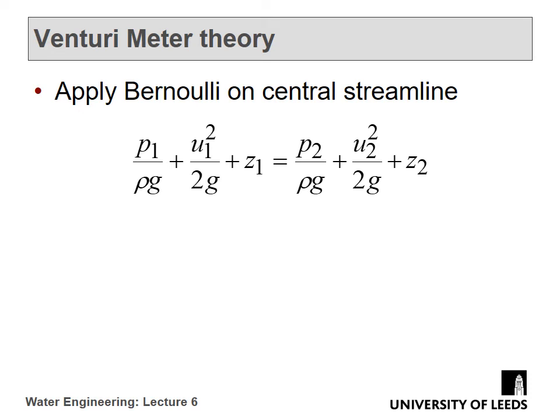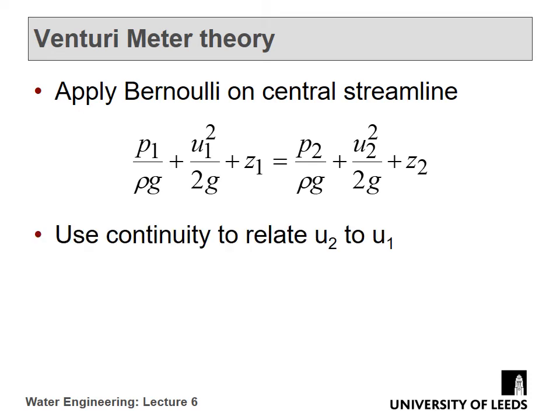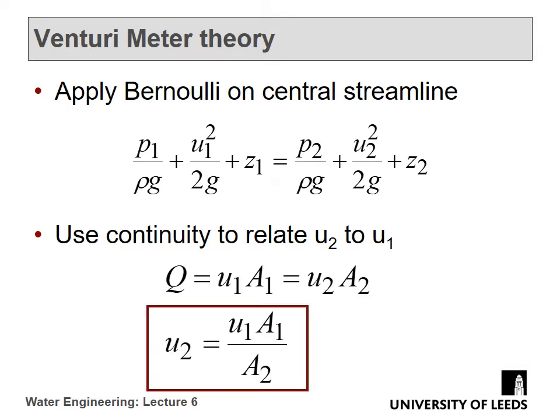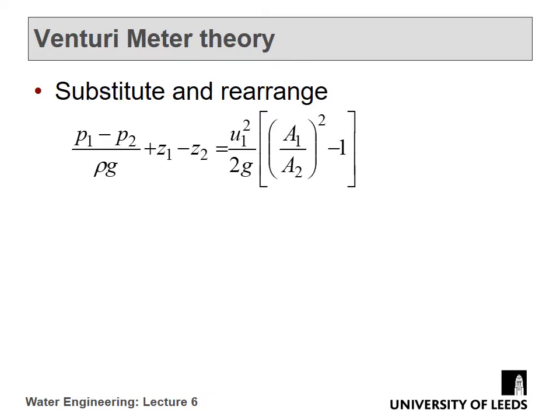So we apply this Bernoulli equation along the streamline for points 1 to 2. Use continuity to get a relationship between U2 and U1. So that'll eliminate one of them. We'll replace U2 with that expression. Do a bit more rearranging.